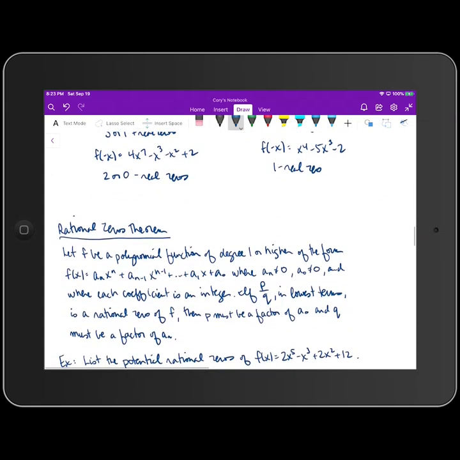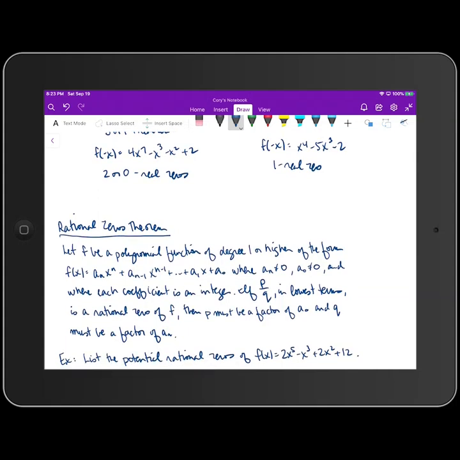Okay, last component for us to look at before we actually start getting into some real examples. So that is the rational zeros theorem, which states to let f be a polynomial function of degree 1 or higher of the form f of x is equal to, and then I'm just writing the general form of a polynomial function, so how polynomial functions are defined in math.